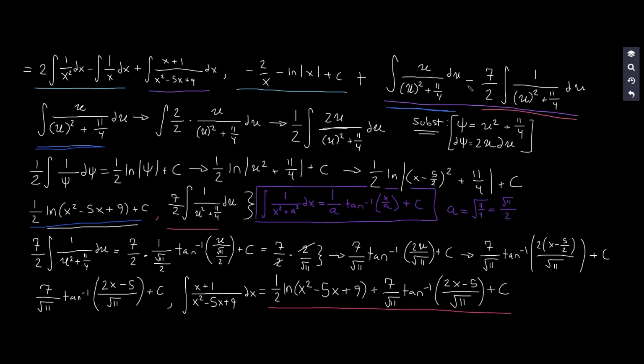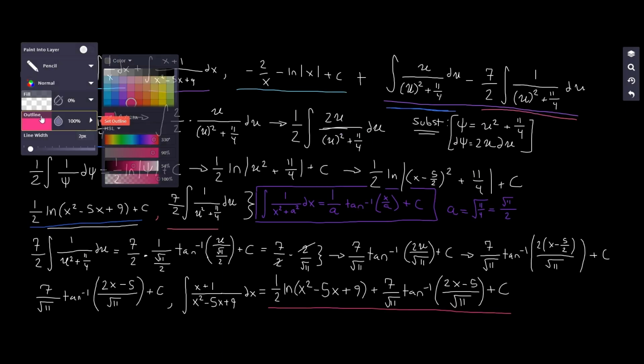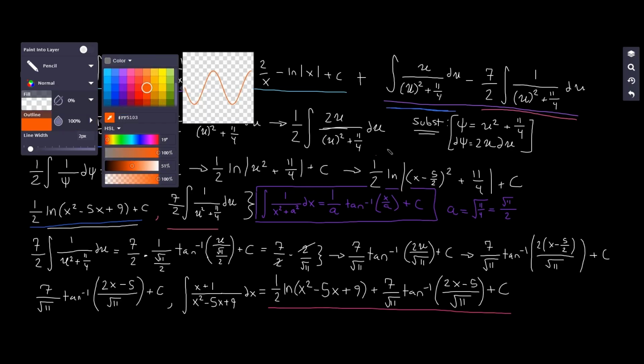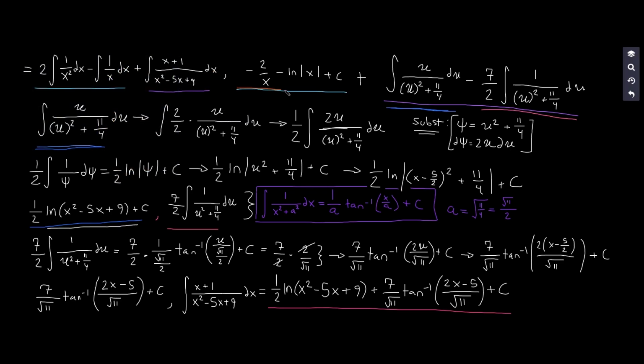We brought them with us. Let me use orange again. Because those answers were right here, right? And then we found another answer, because we had split off those two separate integrals, then we found another answer to the last one, which is the largest one.